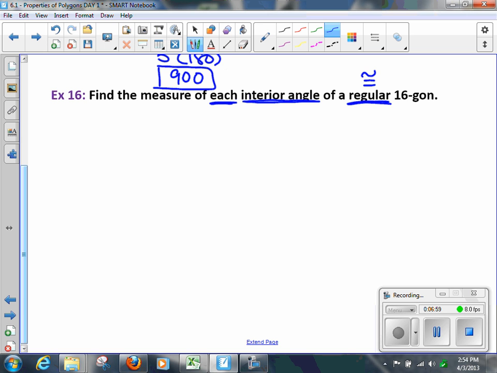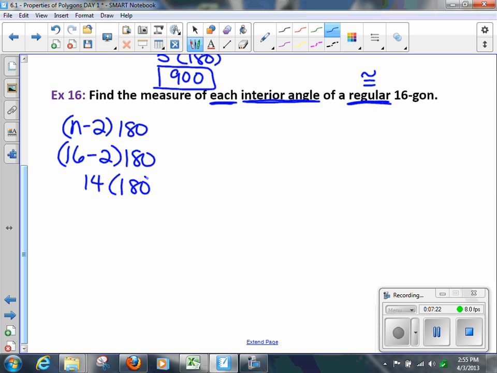Well, how am I going to even begin? What's the only thing I have to use for finding the measure of an interior angle? Write that down. This is a multi-step problem, folks. How many sides does this polygon have? 16, which is 14 times 180. You guys have calculators, not me. 2520.